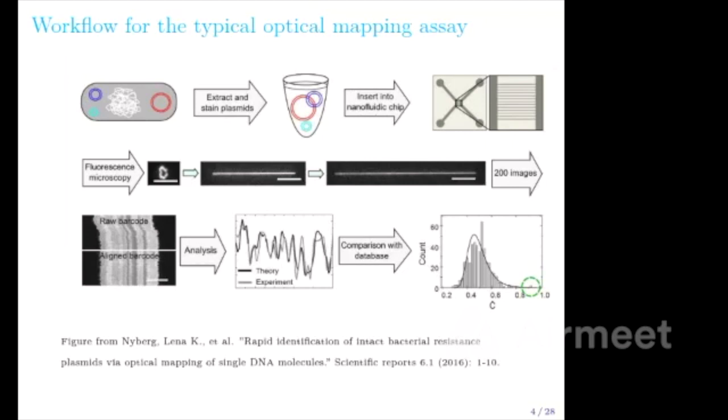Here on the top you see some bacteria with some circular plasmids inside, and then there is this nice workflow that first extracts and stains plasmids with YOYO and netropsin. This gives us a fluorescent pattern on the DNA, and this is then inserted into a nanofluidic chip.